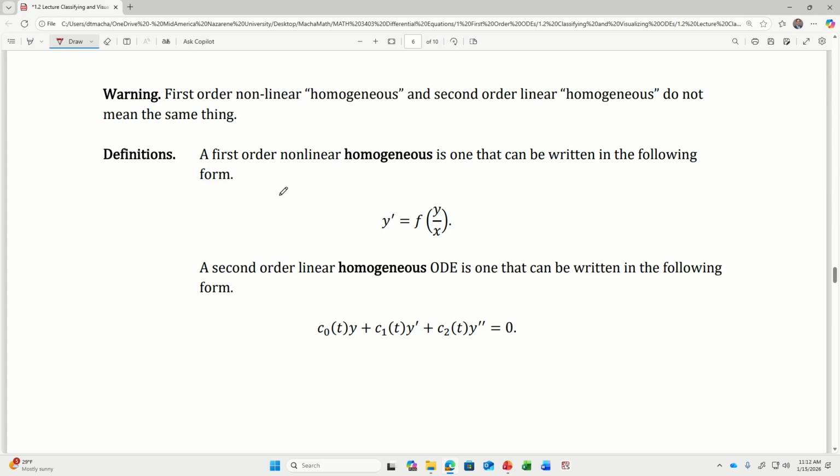A second order homogeneous ODE is one that can be written like this. And notice that it's linear, so the y and the y prime and the y double prime only appear as a linear combination with, possibly nonlinear functions of t here as the coefficients. But what makes this homogeneous is that the right-hand side is just 0.